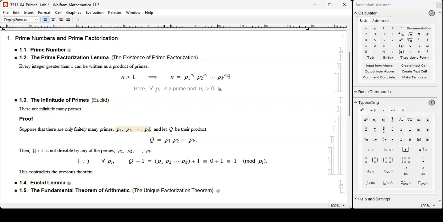That contradicts what we just proved in 1.2. Every integer greater than 1 has prime factorization. Q plus 1 is a product of primes, that's non-zero, plus 1, so that's greater than 1, but no prime factorization. That's a contradiction, and that came about because of this wrong assumption.